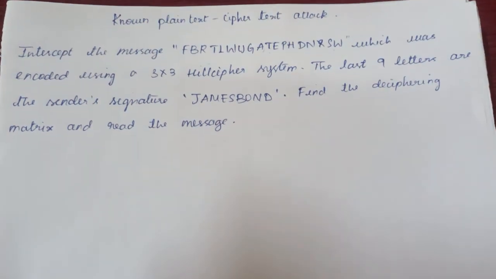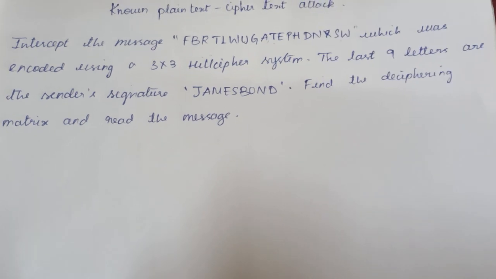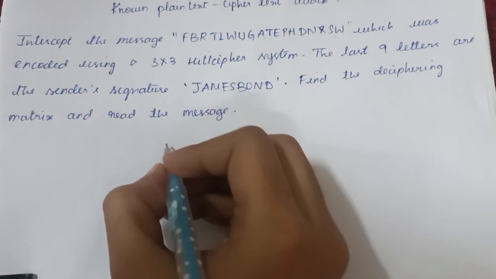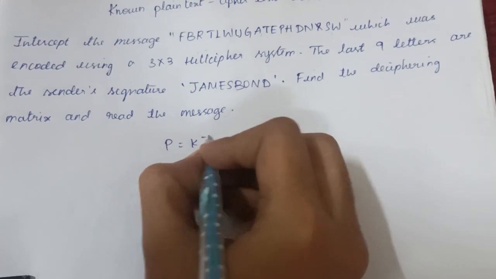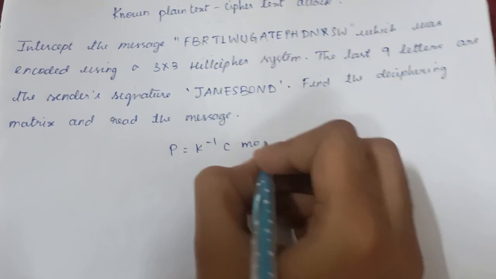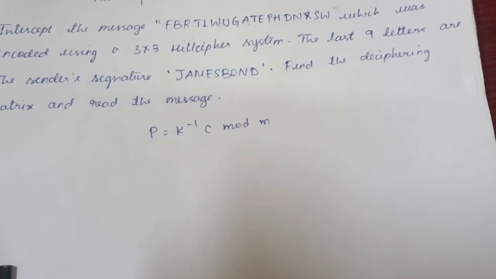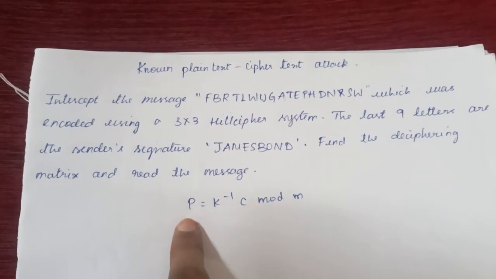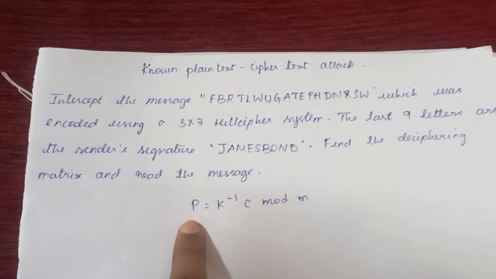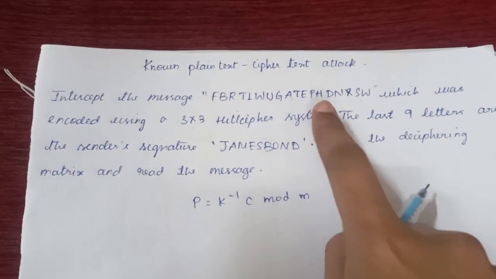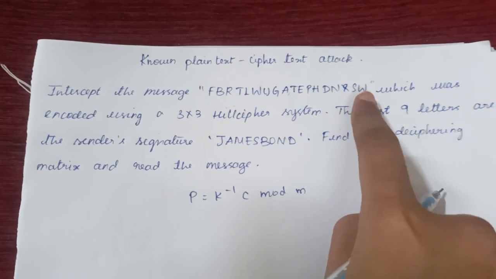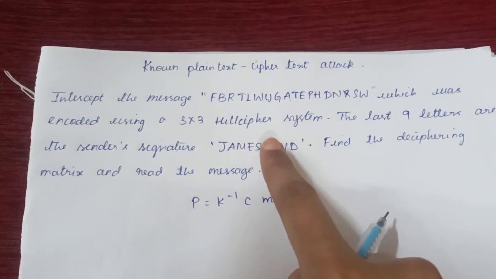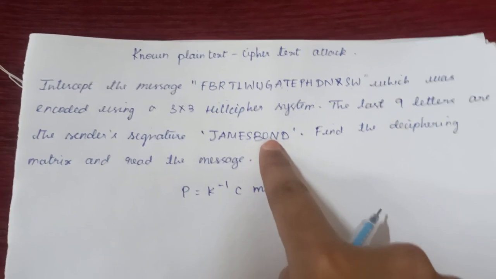So we know how to decrypt a ciphertext. The formula for doing that in Hill Cipher is P is equal to K inverse C mod M, right? C is nothing but the given ciphertext, and I have to find the plain text. Since the plain text for TEPHDNXSW is given as James Bond, here we know the corresponding plain text also.